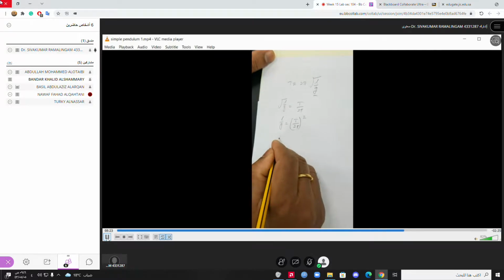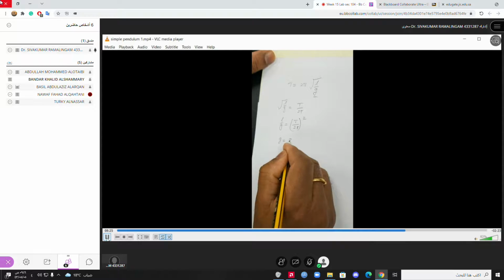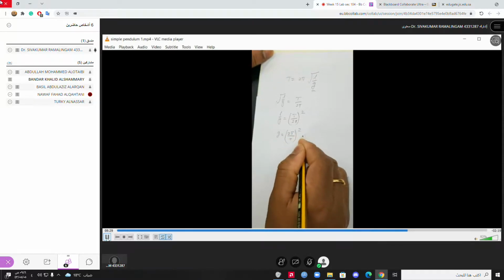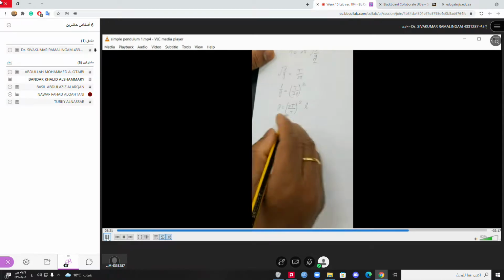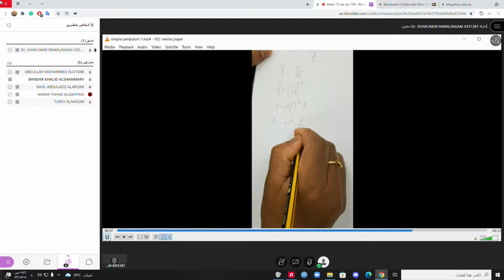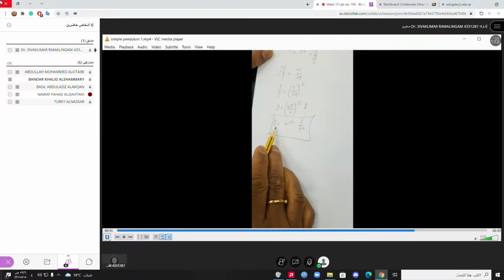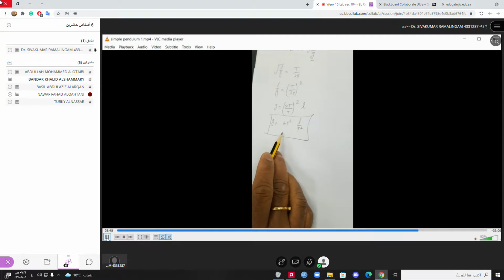I want G. G is equal to 2 pi by T whole square into L. If I square this, G is 4 pi square L by T square.